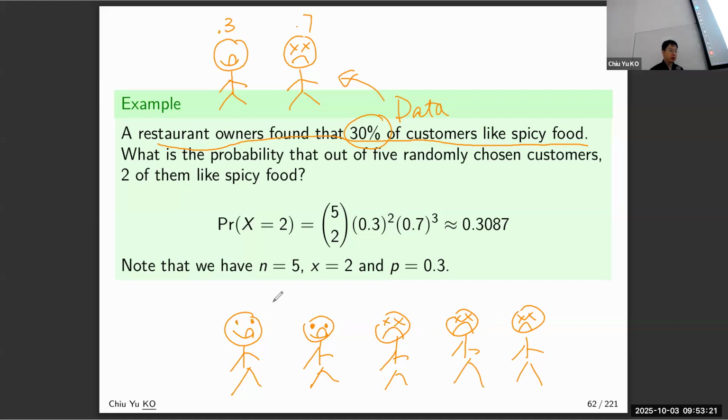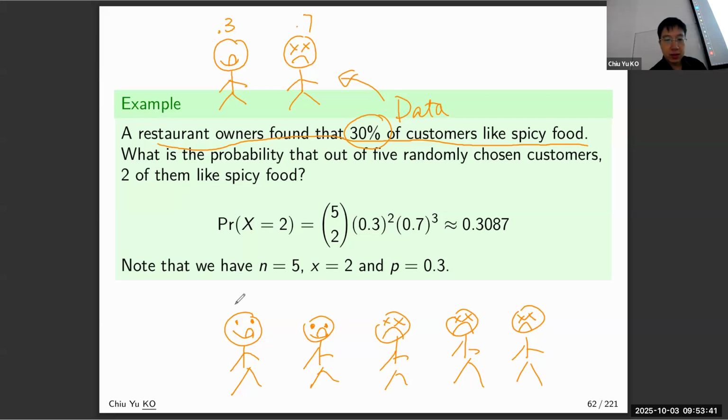Okay. And do note that I put it here in an order, but it can be any order, right? Here I put the first 2 like it, the last 3 do not, right? So for this particular order, what's the probability of this?